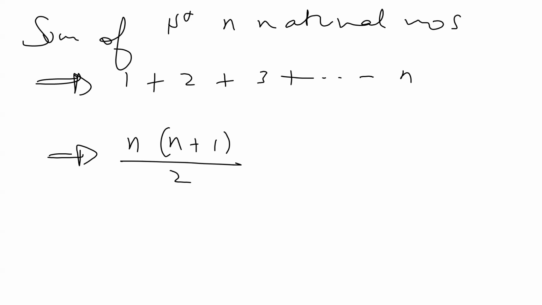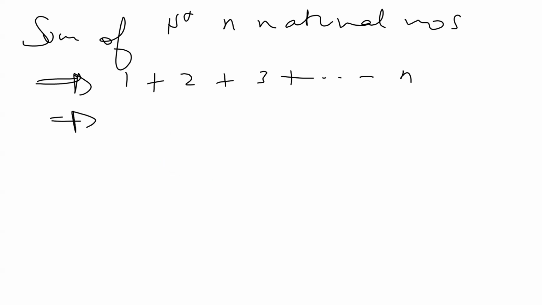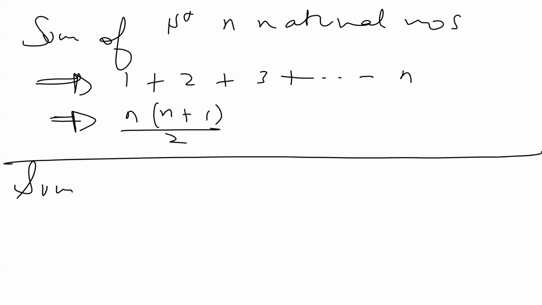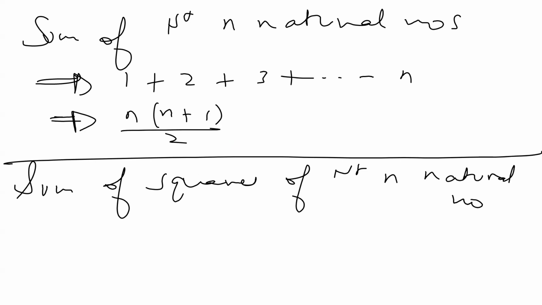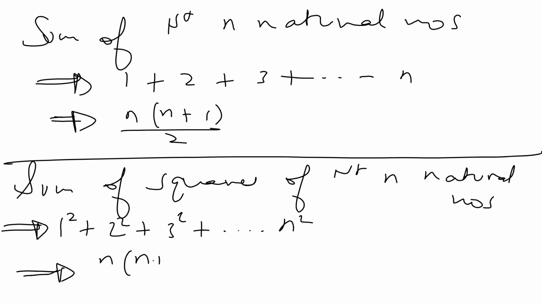Sum of first n natural numbers: n into n plus 1 by 2. Sum of squares of first n natural numbers implies 1 square plus 2 square plus 3 square plus dot dot dot n square: n into n plus 1 into 2n plus 1 by 6.